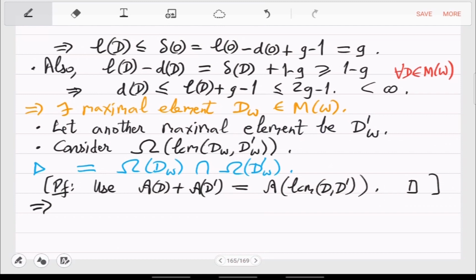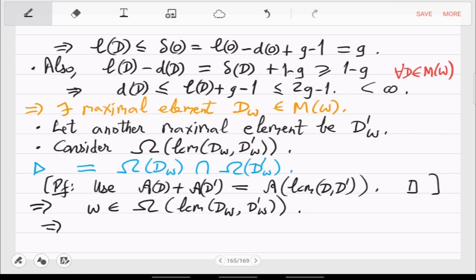So now intersection means that omega is in both, so omega is in LCM. As was pointed out in the beginning, LCM strictly grows, but since it also contains small omega, it cannot grow, which means that both the divisors are equal.